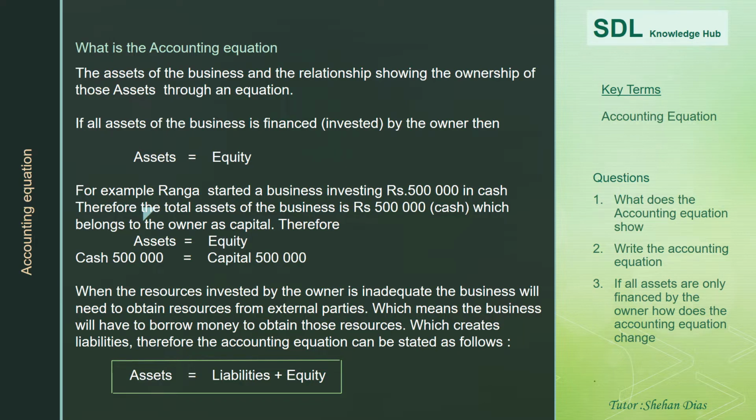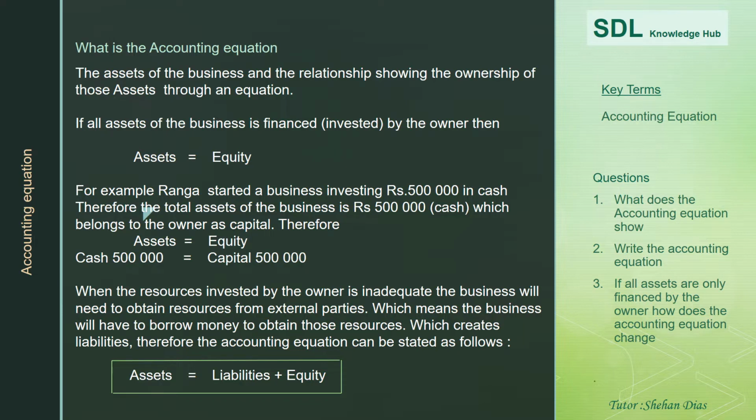When a business starts to grow, the resources invested by the owner will not be adequate. So, to obtain additional resources, the business would have to get funding from external parties. That means they would have to borrow money to obtain the needed resources, which creates liabilities.